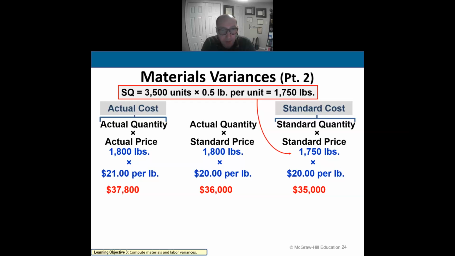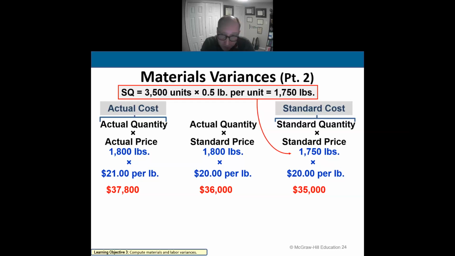This leads us to a variance. Okay. The variance, remember, it's the difference between the actual and the standard. And I have a quantity variance and I have a price variance. The quantity variance, it is 50 pounds.